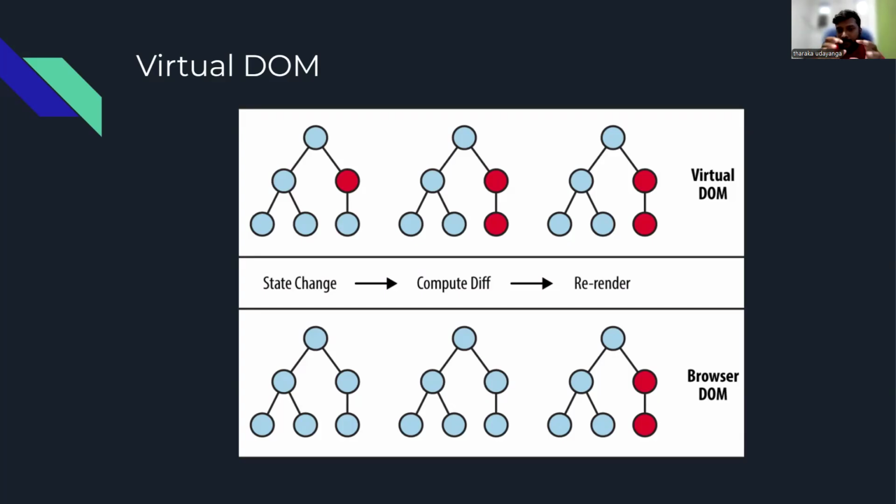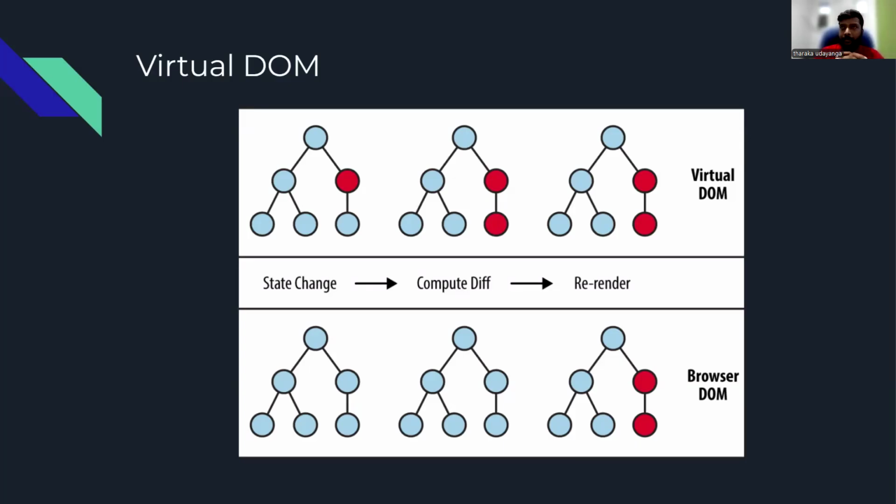Only this difference will be applied as batch updates. So React is not dealing with the real DOM directly. In the real DOM, it's very expensive because the DOM updates are done at once. But in React, it's not like that. They keep a virtual DOM, a copy of the real DOM. Then it compares.